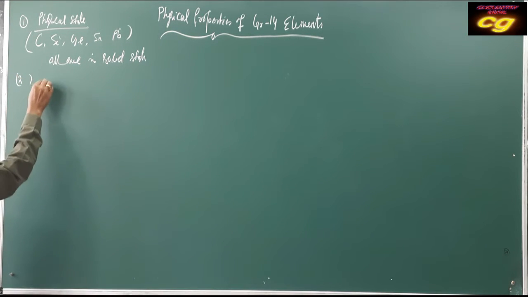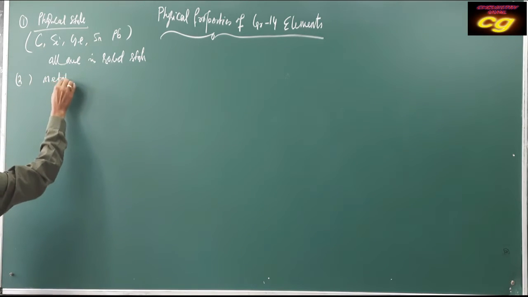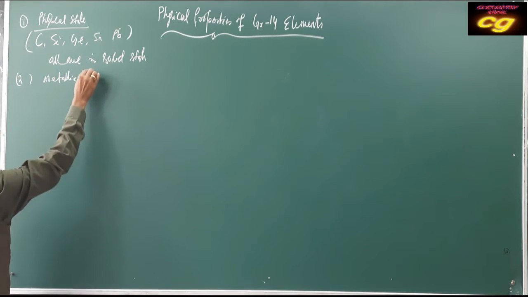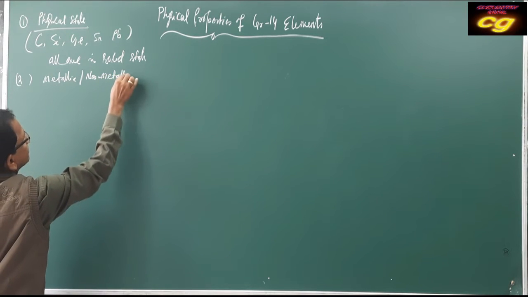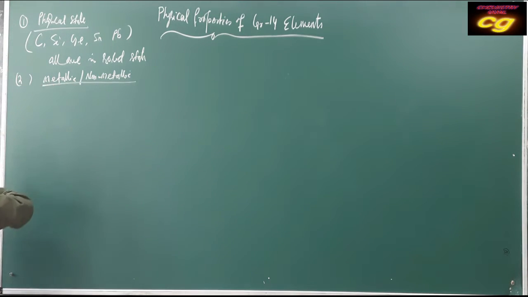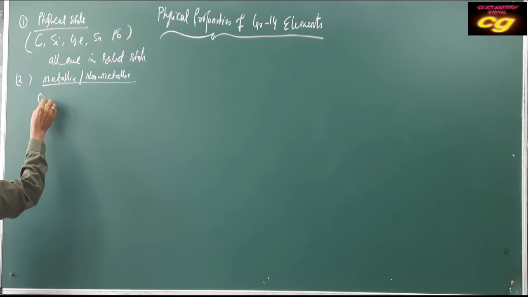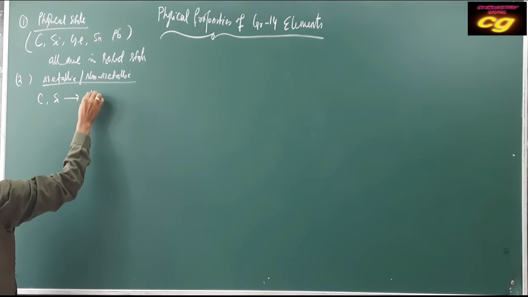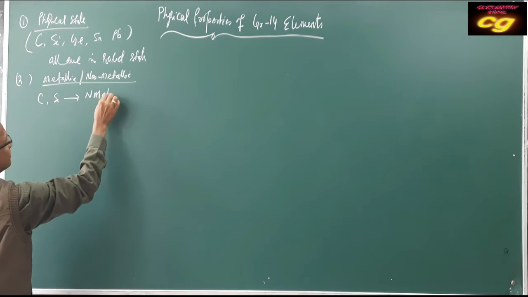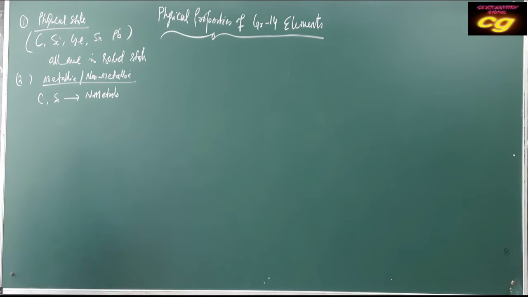Then metallic and non-metallic nature. Here carbon and silicon are generally non-metals, but sometimes silicon is also considered a metalloid.